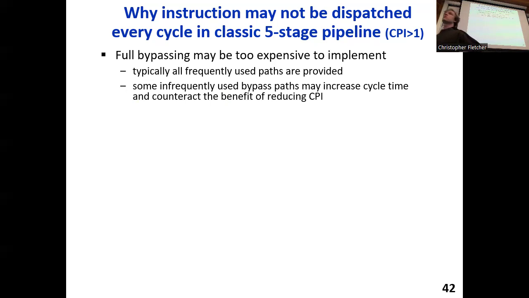Is there a sequence of instructions that is going to cause the pipeline to stall? Does anybody have an idea? Can anyone come up with a sequence made up of only arithmetic instructions that will resolve and stall? Yeah.